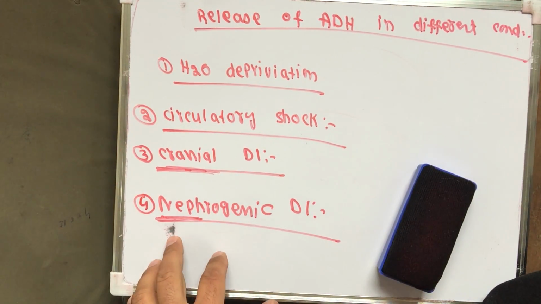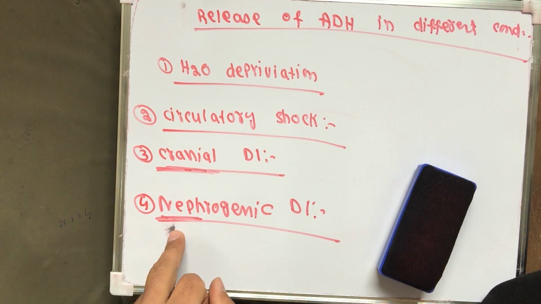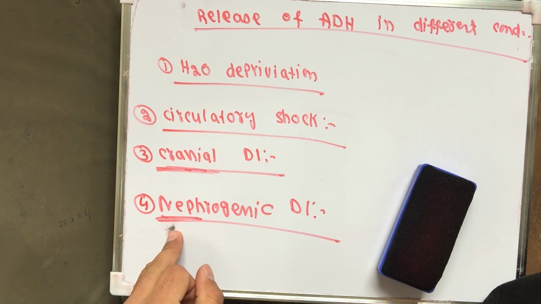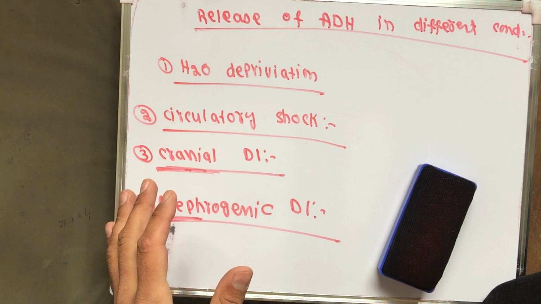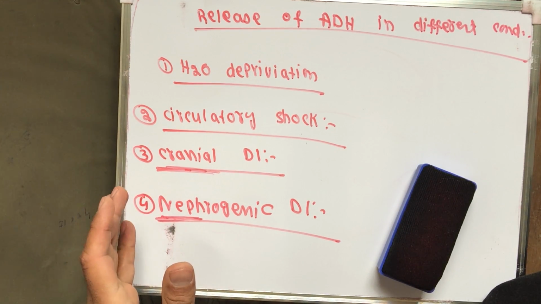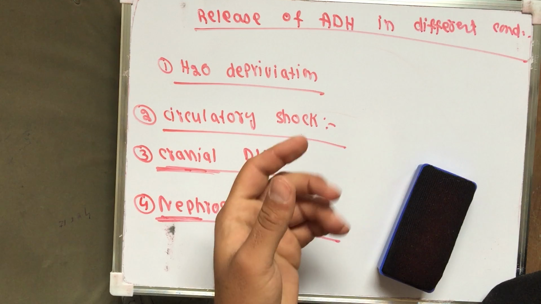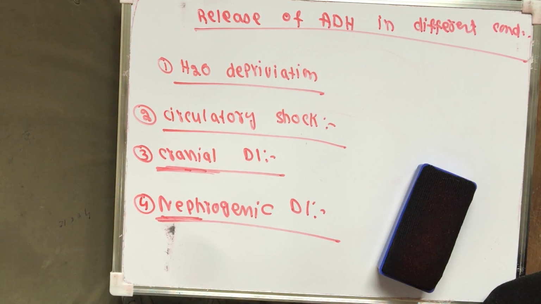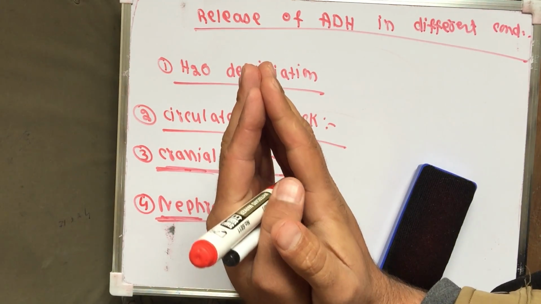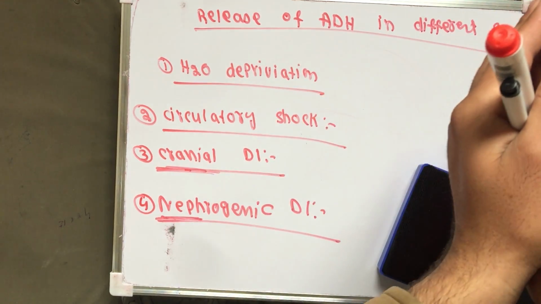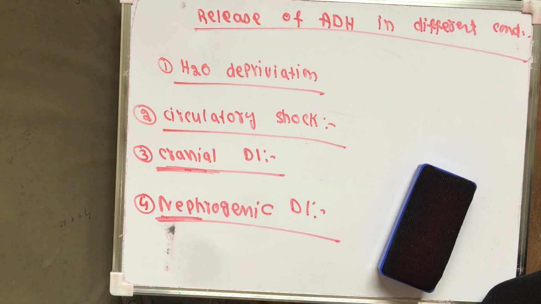So in this case, the problem is not with the cranial system, not with the supraoptic nucleus, but with the reabsorption of water. There is a problem at the level of the kidney, at the level of the mechanism that we discussed, ADH action on the distal convoluted tubule and the collecting duct. So any problem which occurs there will cause nephrogenic diabetes insipidus, with water reabsorption from the lumen of the collecting duct or distal convoluted tubule not taking place. So dilute urine will be produced.